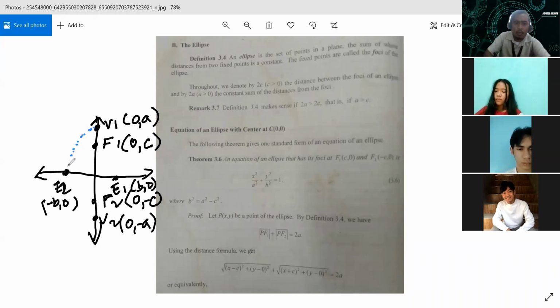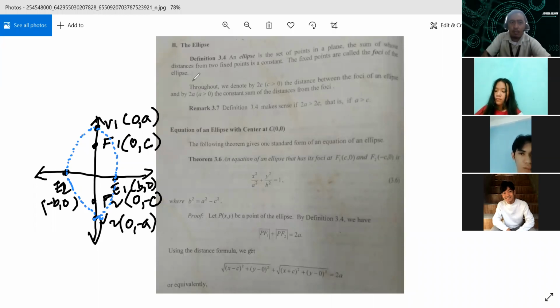Your ellipse, always bear in mind, class, will pass through your extremities and vertices, because vertices and extremities are points of your ellipse.